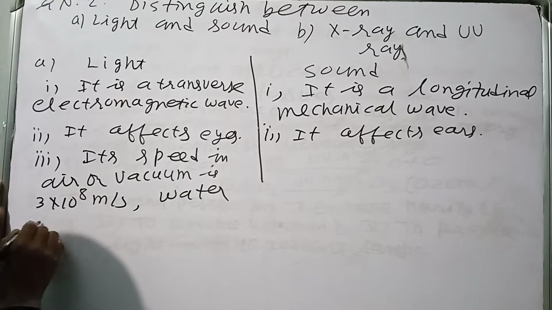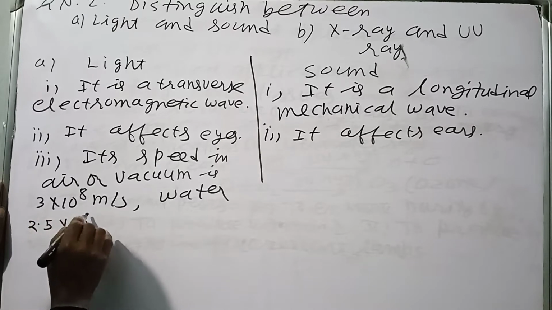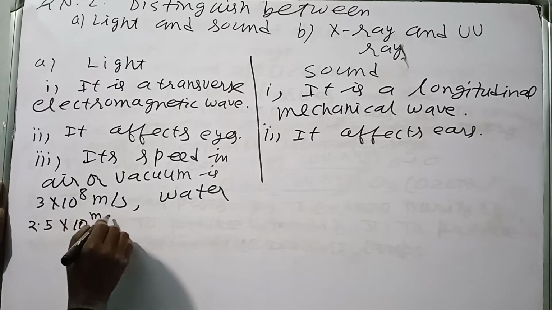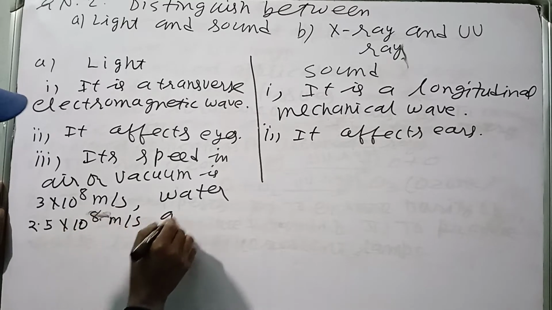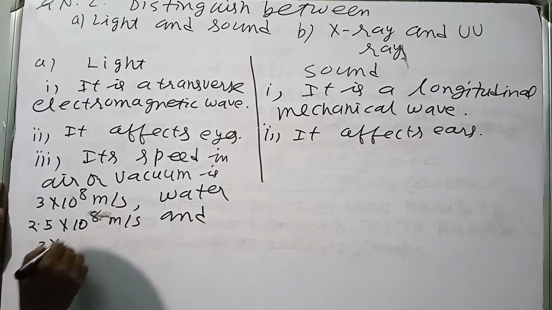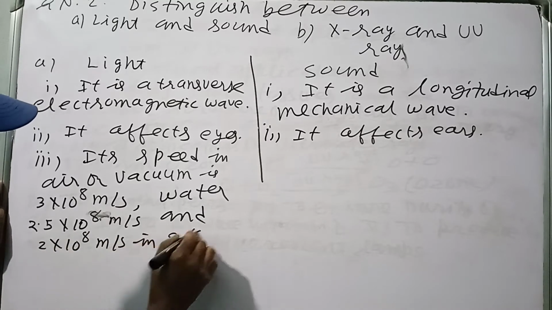In water it is 2.5 into 10 to the power 8 meter per second, and 2 into 10 to the power 8 meter per second in glass.